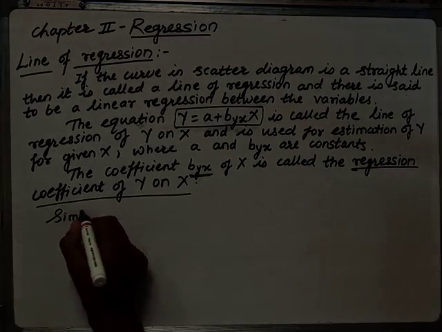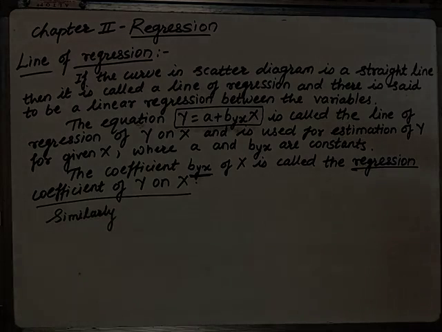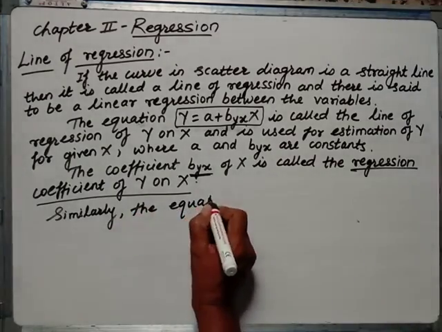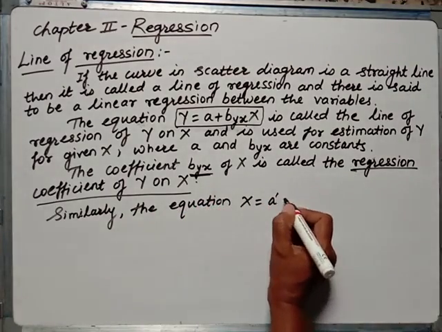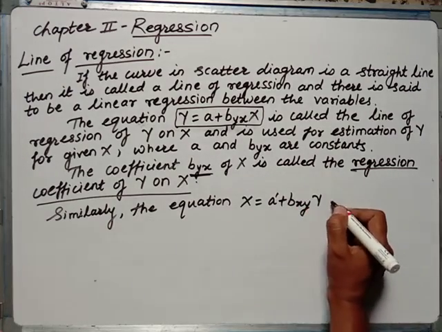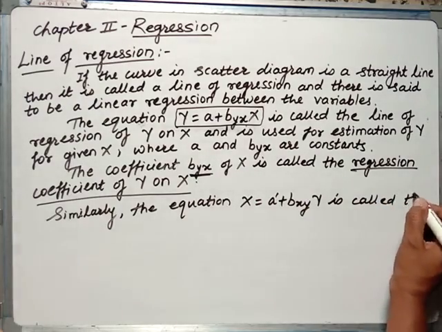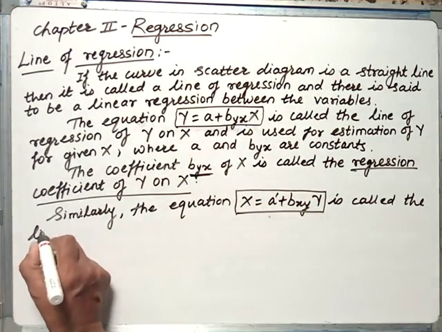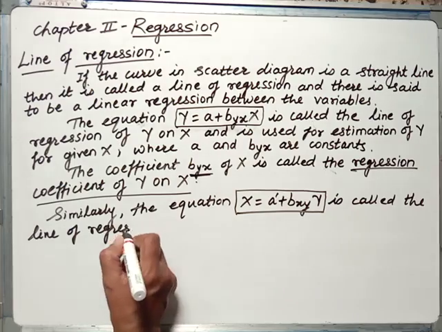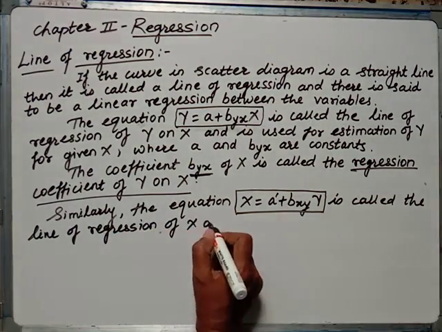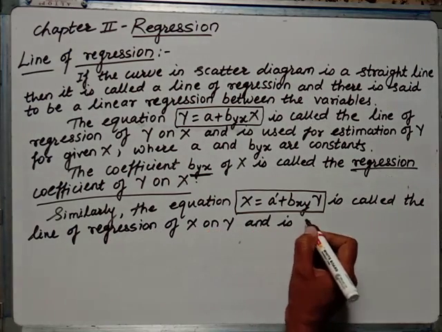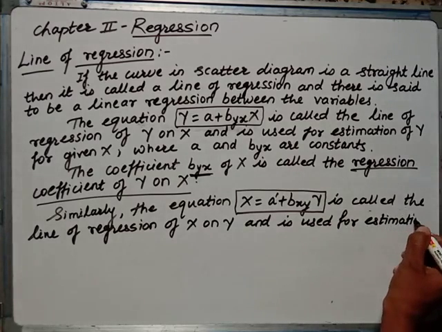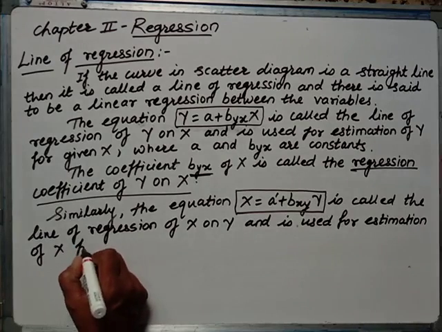Now similarly the equation x equal to a dash plus bxy into y is called the line of regression of x on y, and is used for estimation of x for given y.